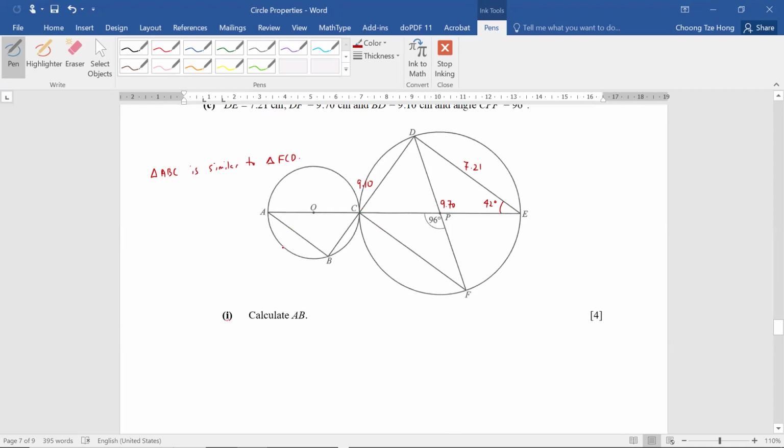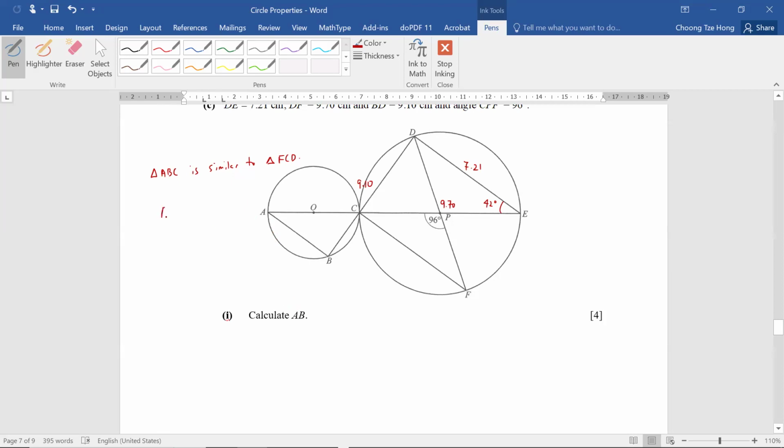So let's dive into this. One of the important aspects of similar triangles is that the ratio of corresponding sides are equal.